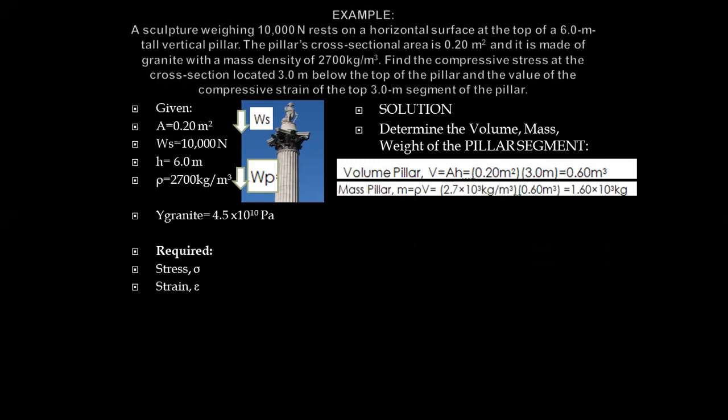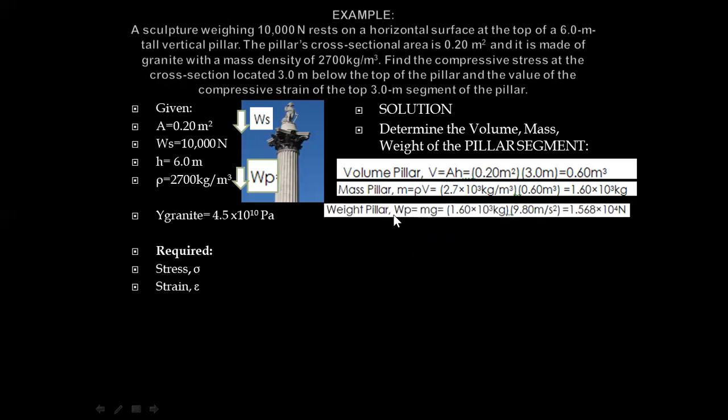Then the mass of the pillar is calculated from the volume and the density. Our density for the granite is given as 2.7 times 10 raised to 3, or 2,700 kilograms per cubic meter. Multiply it with the calculated volume at 0.6 cubic meters. As the cubic meter units cancel out, this gives us 1.6 times 10 raised to 3 kilograms.